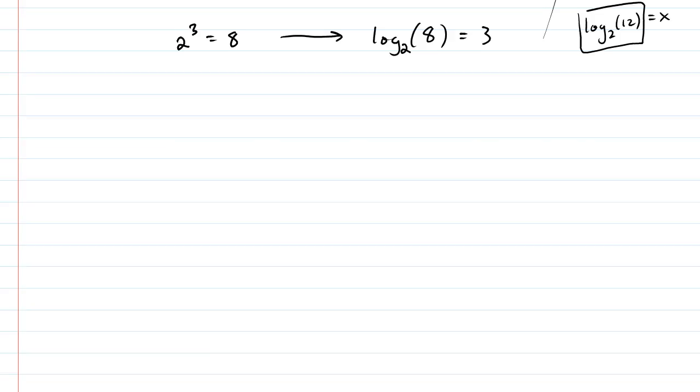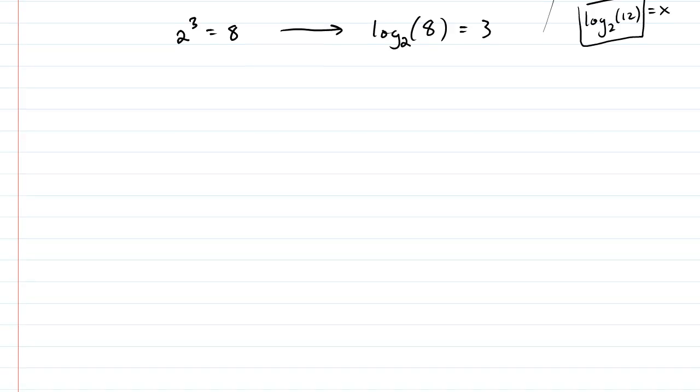So let's do a few more things with this. Just a note, first of all. When you have just a plain log like this, of say like 50, what this means is that the base is 10. You'll see a log button on your calculator. That means you're going to be working in base 10 automatically.